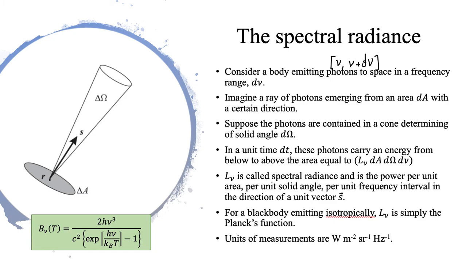They're coming out with the direction s, and the ray is contained in a cone of solid angle d omega. The power that goes through this surface dA in a time dt, in a cone d omega within this frequency band, is what we call spectral radiance.